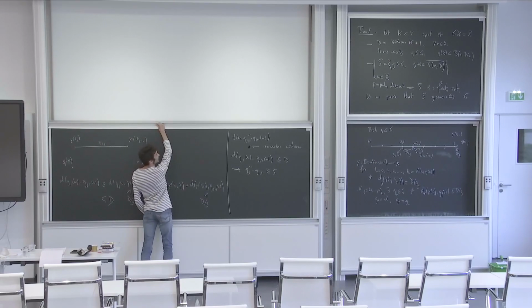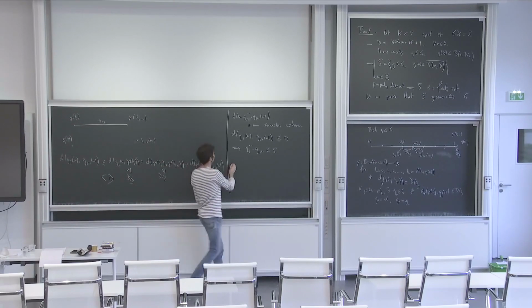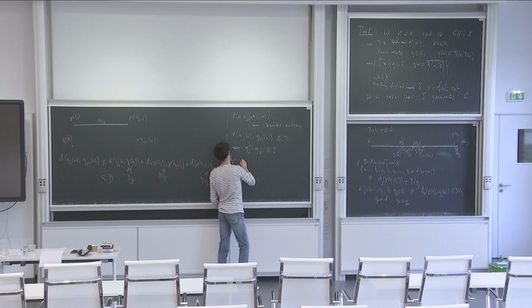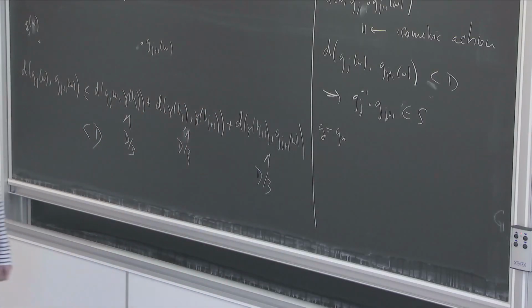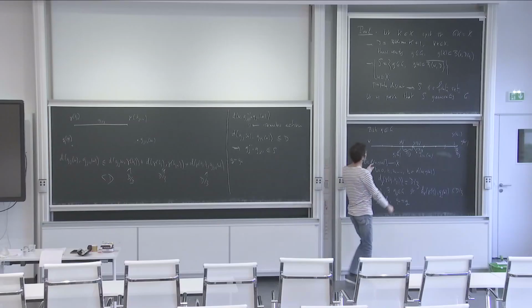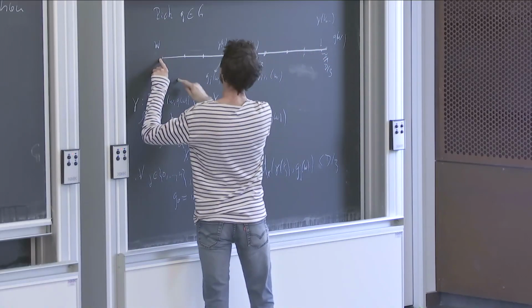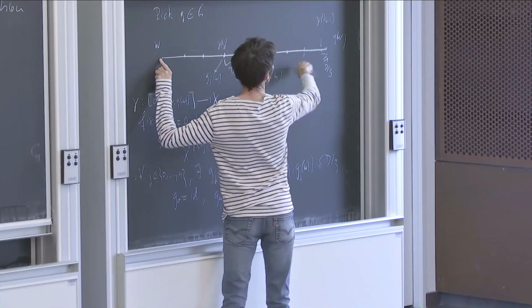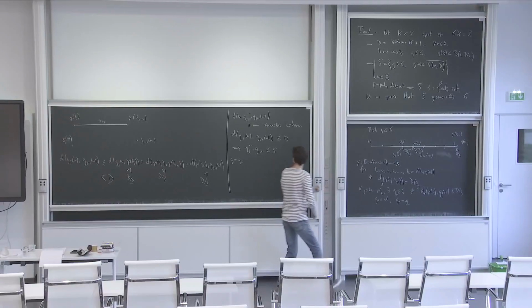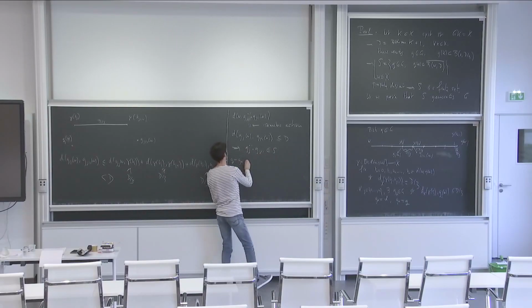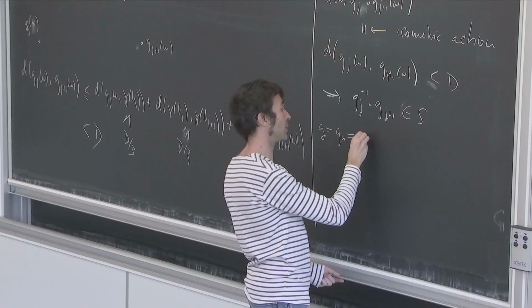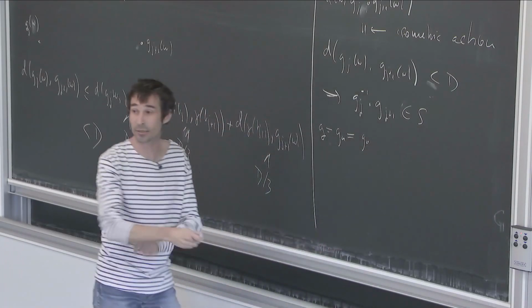Why is it the case? Because I have my element G, I remind you that it is Gn. And so what I want to do is to say that the distance between these two things will be bounded by the sum of the distances between all these elements. So I write it the following way. First, I make G0, that is the identity, so I don't care.